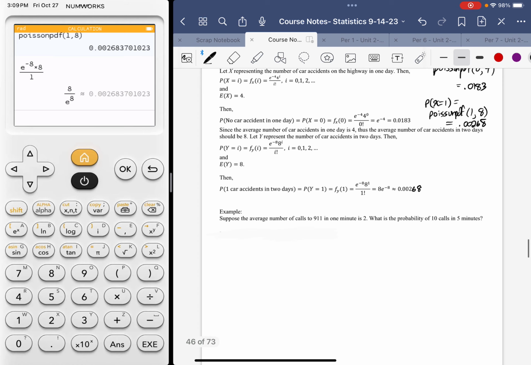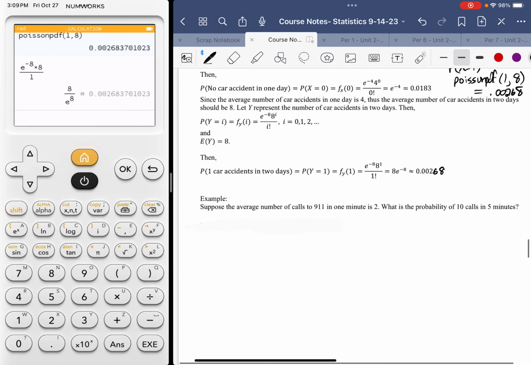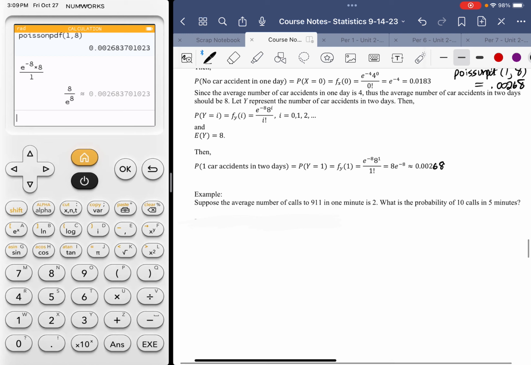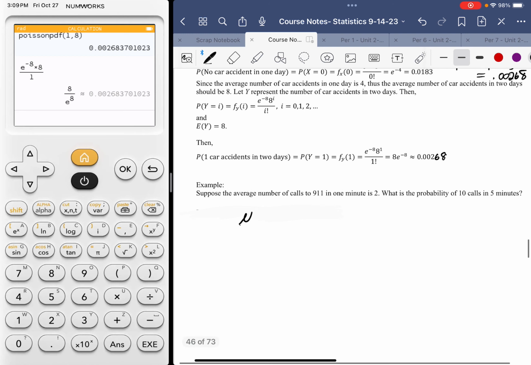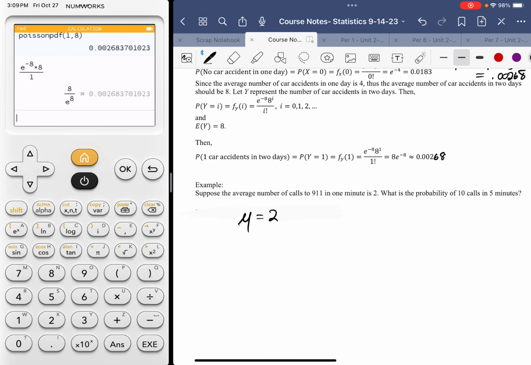All right. So fresh example here. Suppose the average number of calls to 911 in 1 minute is 2. So that's my mu equal to 2. If you want to use lambda because they use it in the calculator, that's fine too. We want to know the probability of 10 calls in 5 minutes. All right. So this is for each minute.